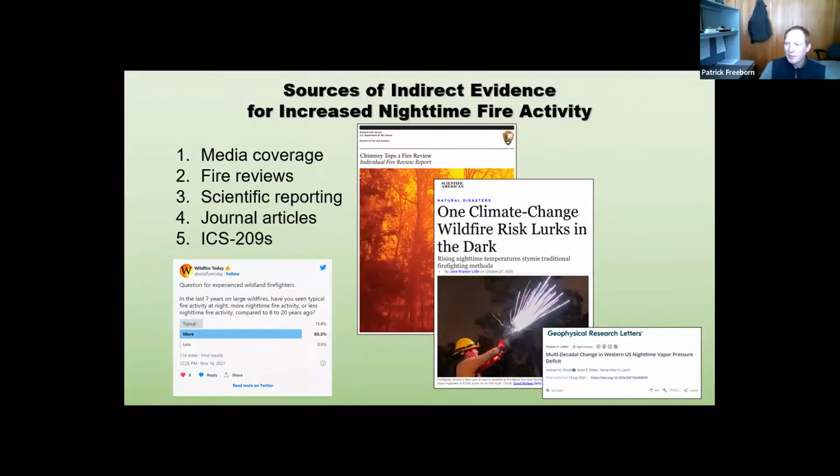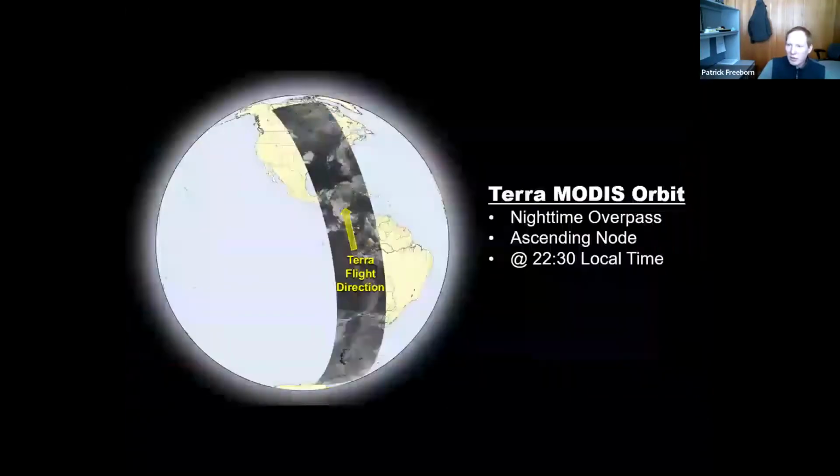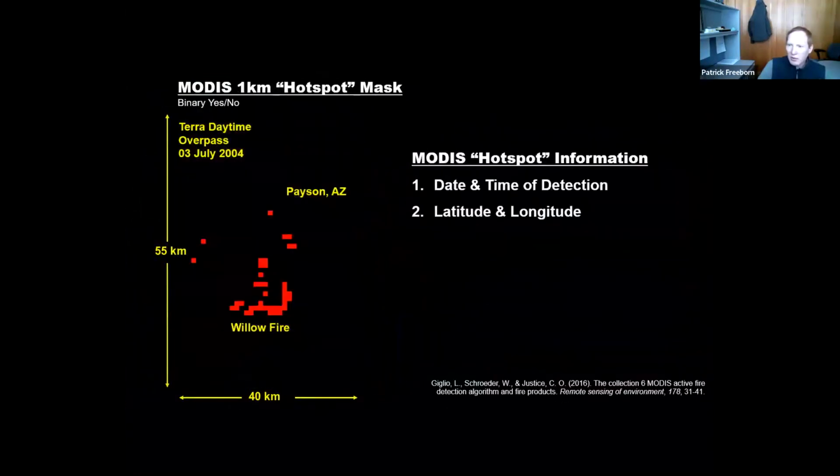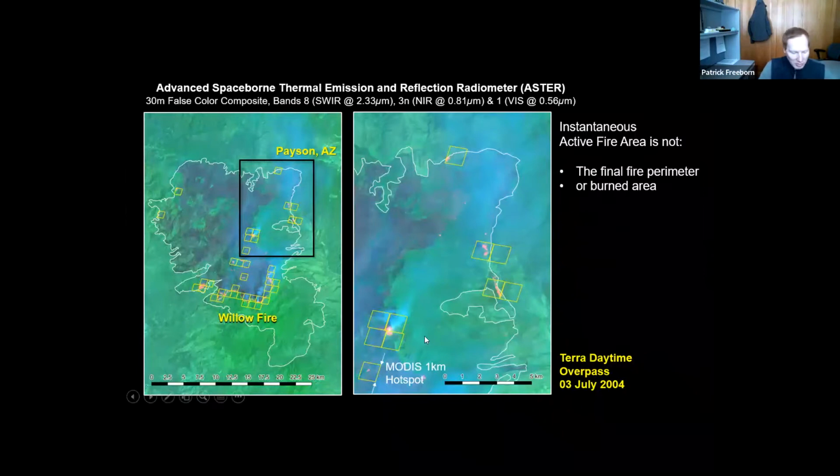The 1 kilometer resolution is very coarse, right? So let's look at that Willow fire again. Those yellow squares in particular, on this side over here, these 1 kilometer squares are the active fire pixels detected by MODIS.